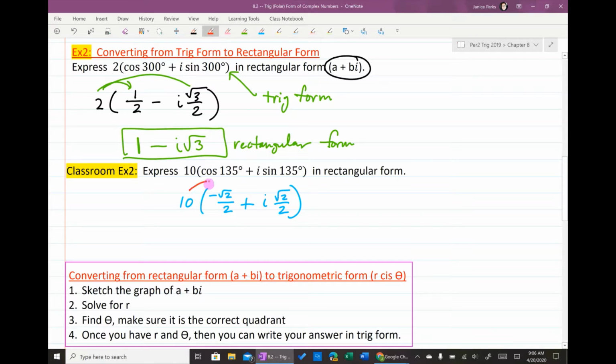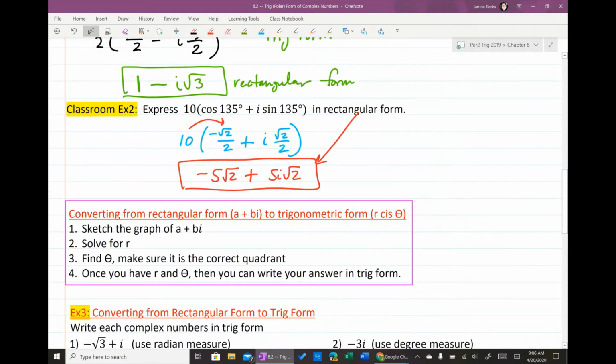And if you multiply this by 10, you're going to get negative 5 radical 2 plus 5i radical 2. And again, this is rectangular form. When you're writing an imaginary and a radical, it's always the number, the imaginary, and then the radical. That's the order in which you write them.